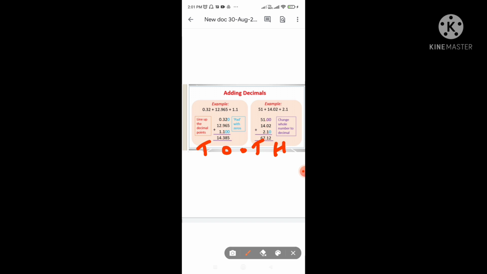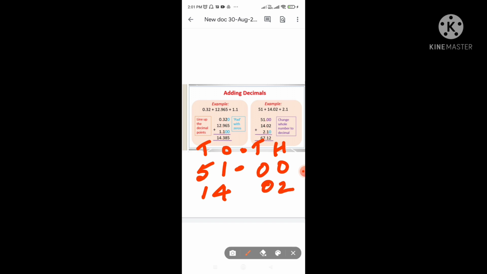Then the first number is 51, decimal point, then I add 0s because there is no digit. Next 14, decimal point, 0, 2.